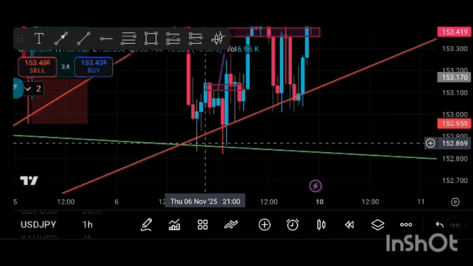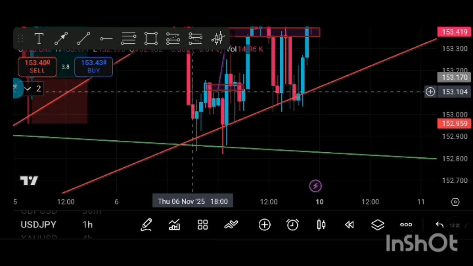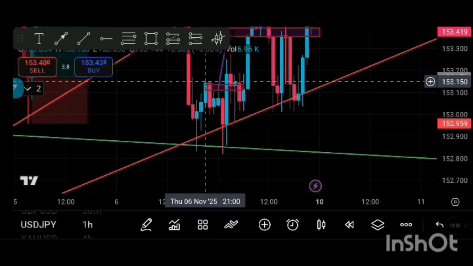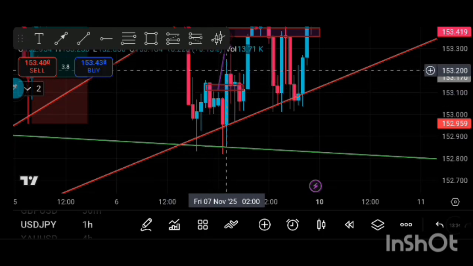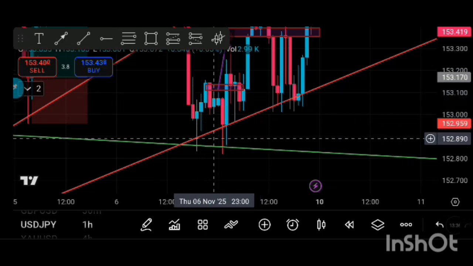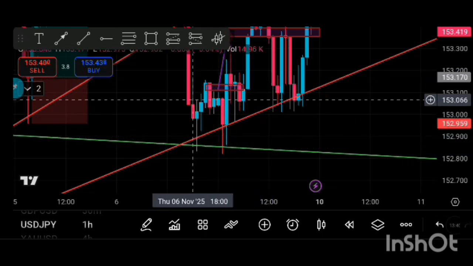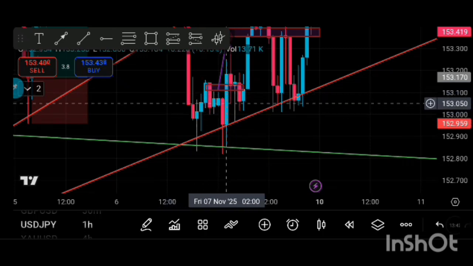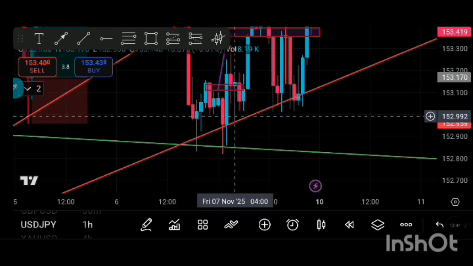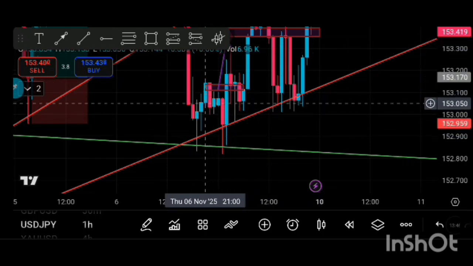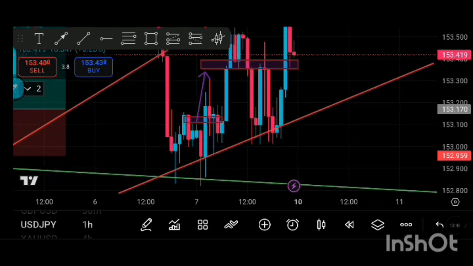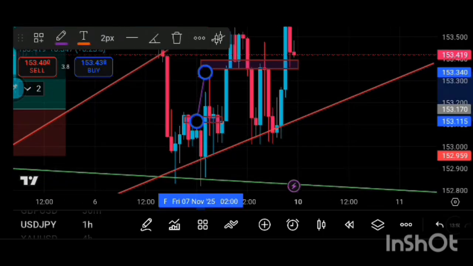We tapped into this, so I was around here where I took the buy entry, and it respected the trend line again, but obviously my stop loss was hit, and the price just went up without me. But the bright side is it protected the market quite nicely. It's just that we do not have big funds for a big stop loss.